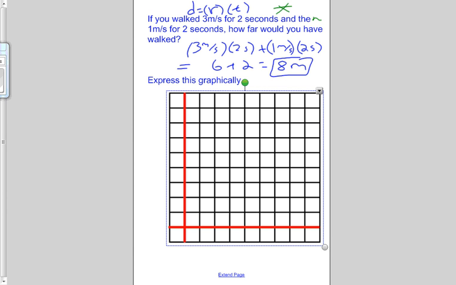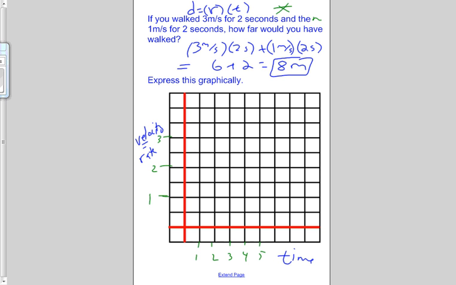Well, what would that look like graphically? If we think about time down here and velocity up here, where velocity is the same thing as our rate, we're going 3 meters per second for 2 seconds. So let's say this is 1 second, 2, 3.